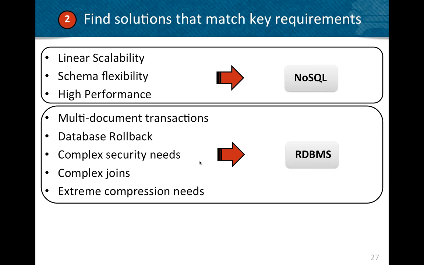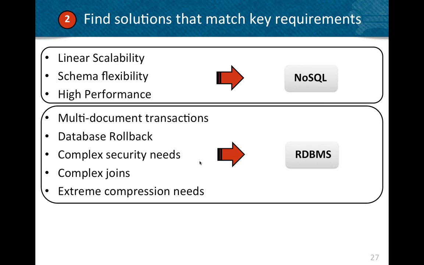But if you have more complex requirements like multi-document transactions, complex join requirements, extreme compression and so on, you might want to look at the modeling of your data itself. Is there a way that you can model it better in terms of objects and entities without normalizing it across, eliminating the need for most joins?